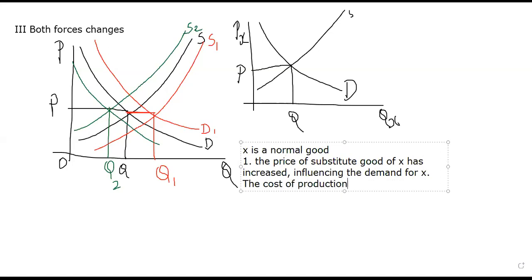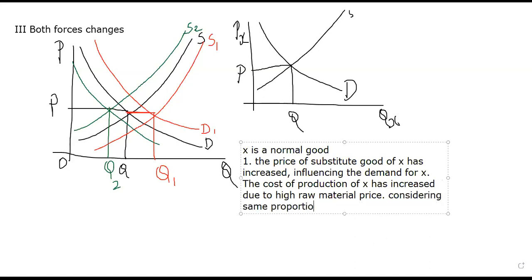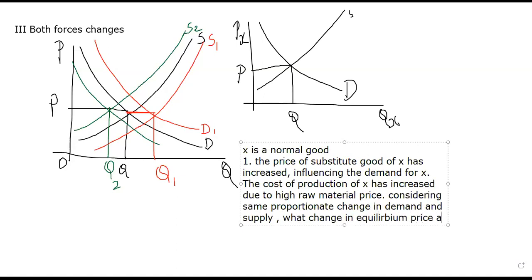Cost of production of X has increased due to high raw material price. Considering the same proportionate change in demand and supply, what change in equilibrium price and quantity is seen?